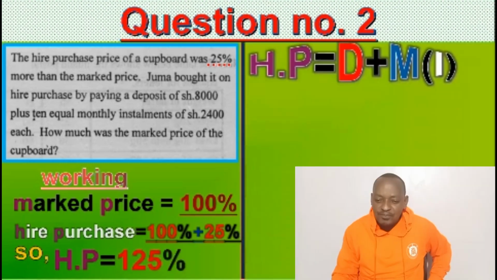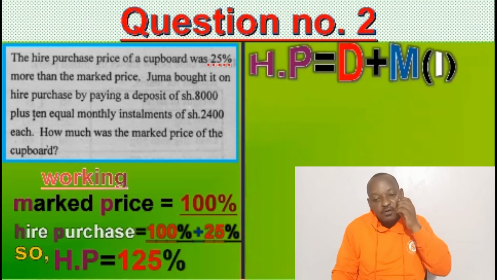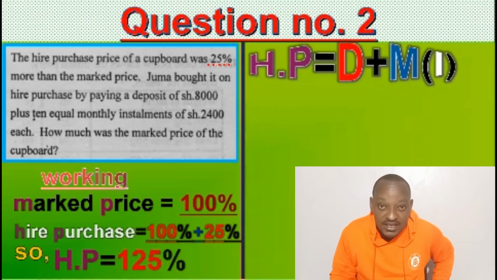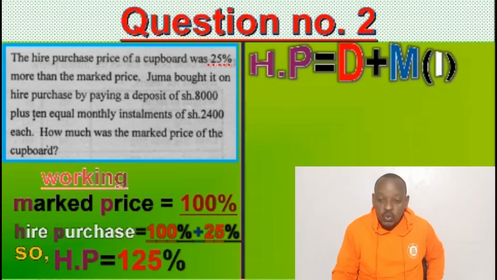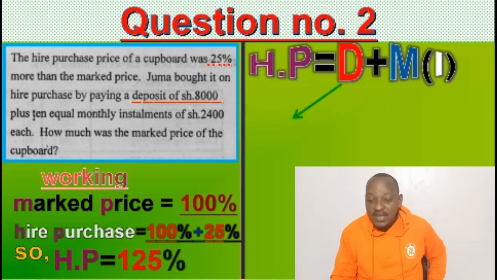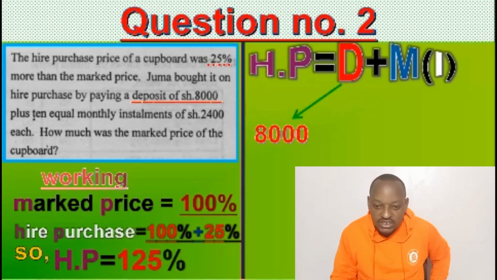Now let us write the general formula for hire purchase. The general formula is HP equals deposit plus M times I, that is monthly installment. And the deposit here, we have been told, is 8,000.